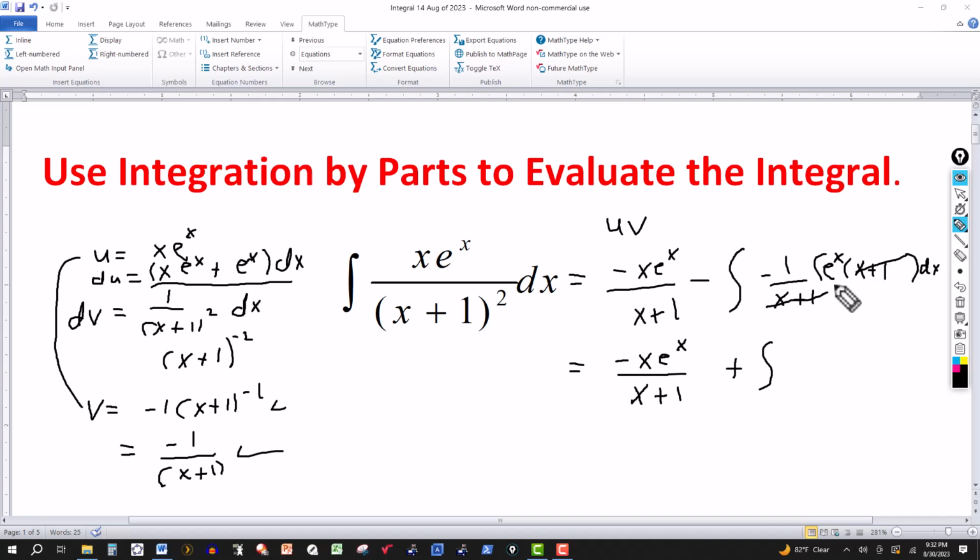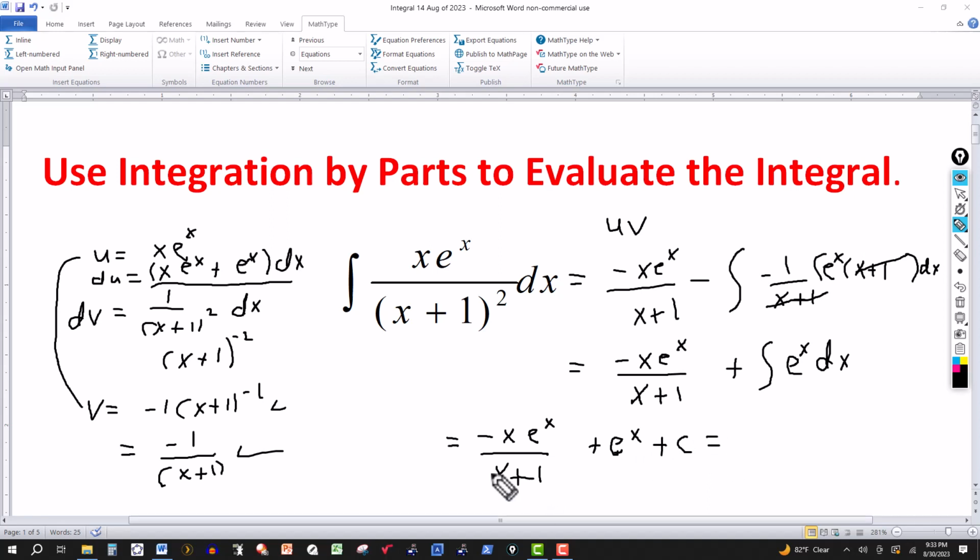And all I have here then is e to the x dx. And the integral of e to the x with respect to x is e to the x. So this is equal to minus x e to the x over x plus 1. That doesn't change. And the integral of e to the x, we said, is e to the x plus your constant of integration.